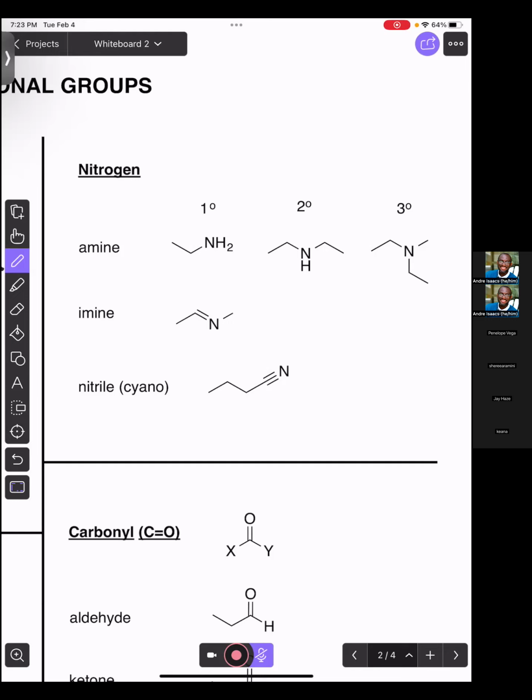If it's attached to 2 carbons, we call that a secondary, right? If it's attached to 1, we call it a primary. Don't worry about that for now. Imines is when there's a C double bonded to the N, and the nitrile or cyano is when there's a C triple bonded to an N. A lot of things to remember.